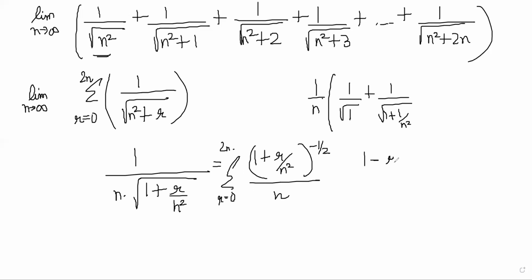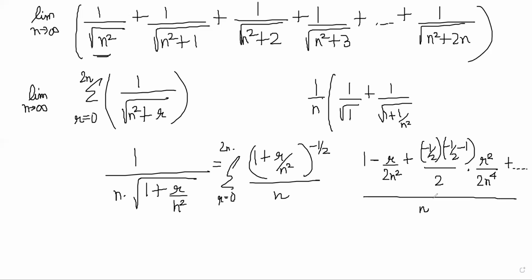Now I think it will be doable. 1 minus r by 2n squared, first term. Plus minus half minus 1 by 2 into r square by 2 n power 4. The next term I will not write because it will become too many powers. There is an n also here, so it is coming 1 by n minus r by 2n cube.